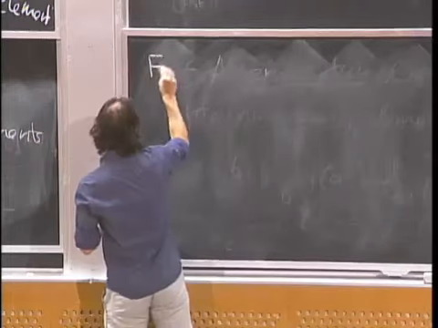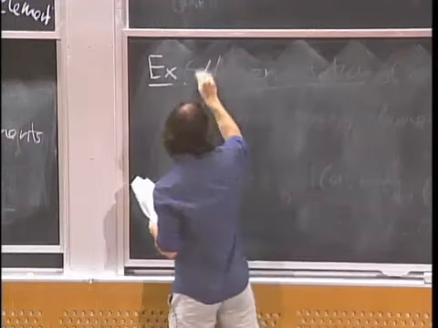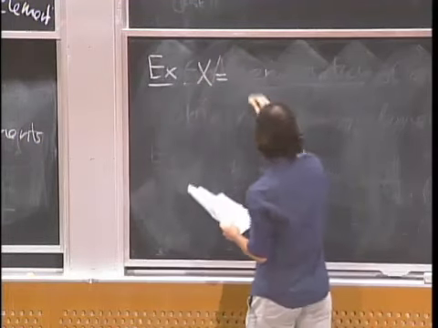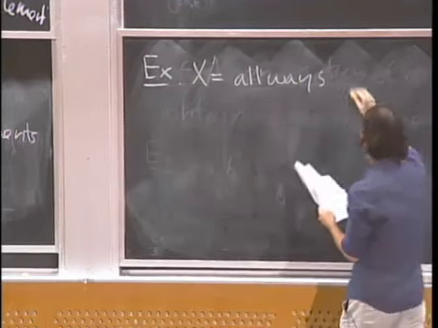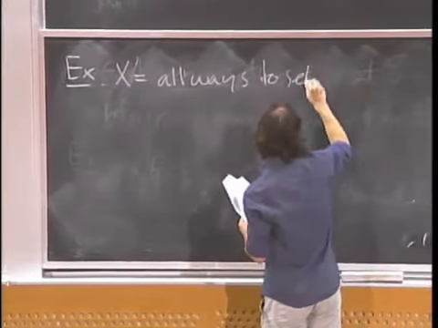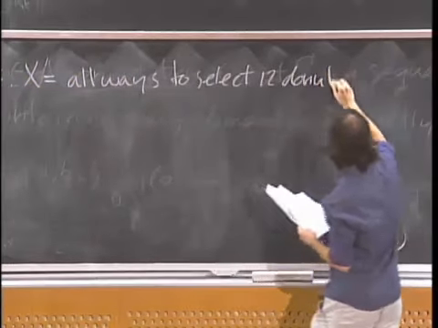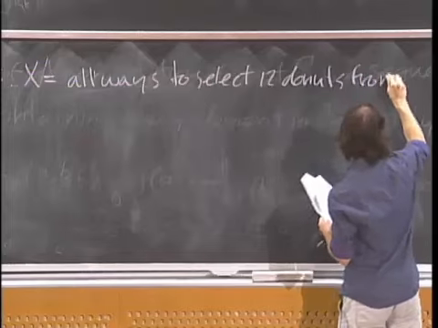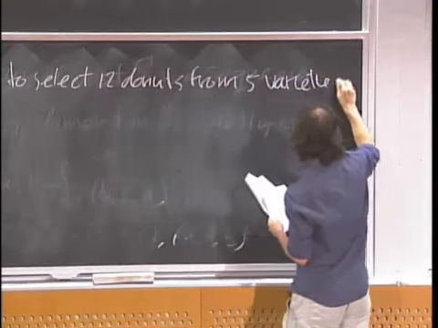So as an example, let x be all the ways to select, say, 12 donuts from 5 varieties. So let's give an example.